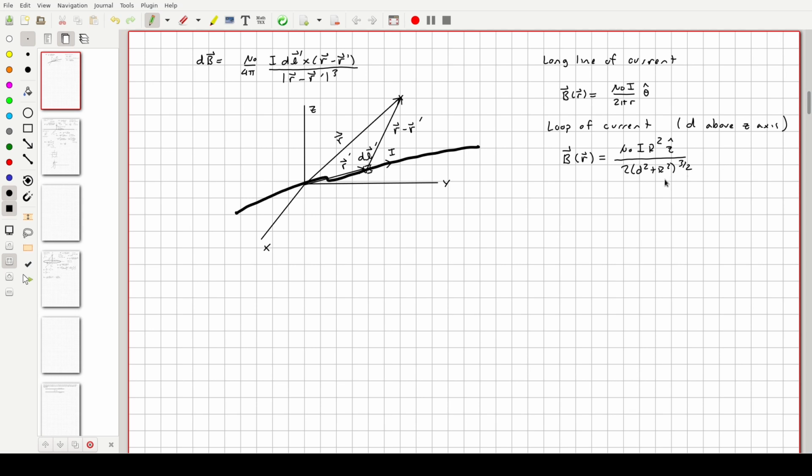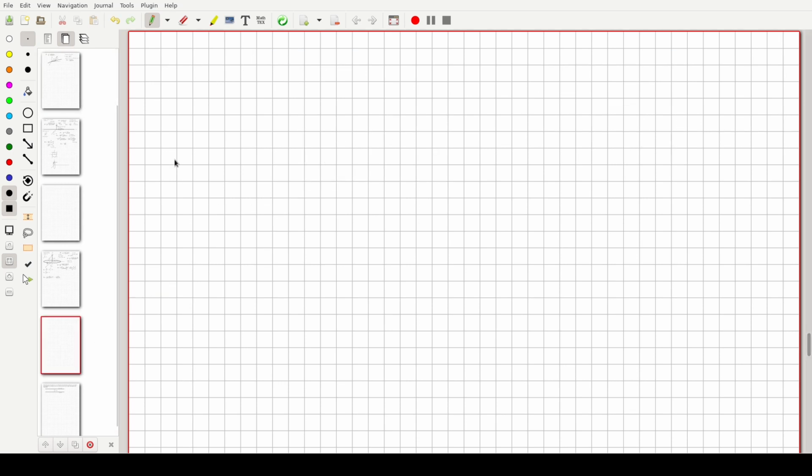So the last thing I'd like to do is to use one of these results, specifically the one for the long line of current, in a specific application, and that is what we talked about last video: the force on a conductor in the presence of a magnetic field. Now, if you remember, it looks something like this: IL cross B for a constant current.